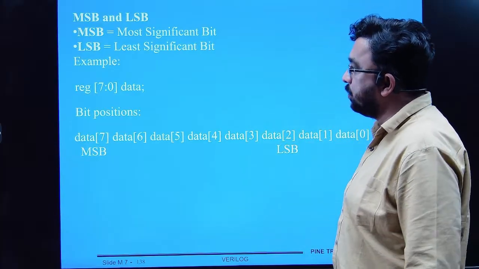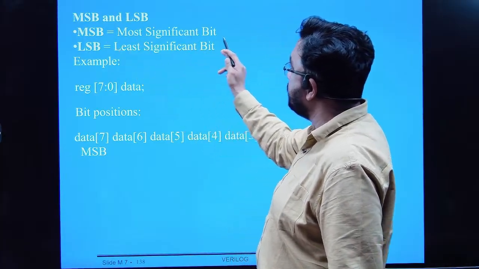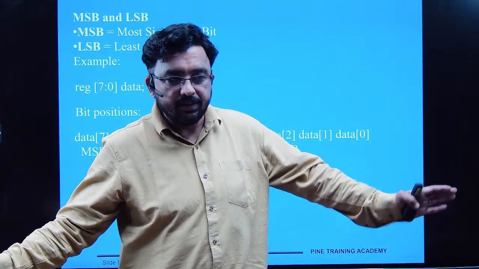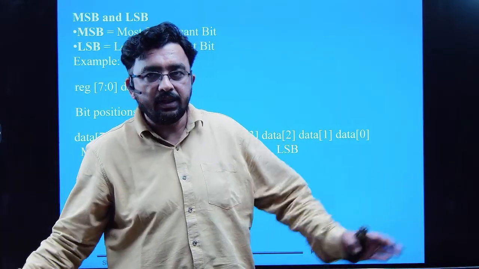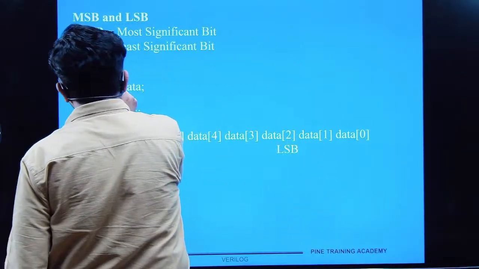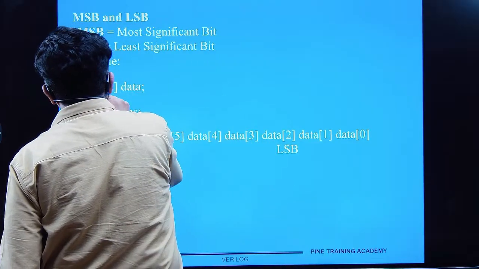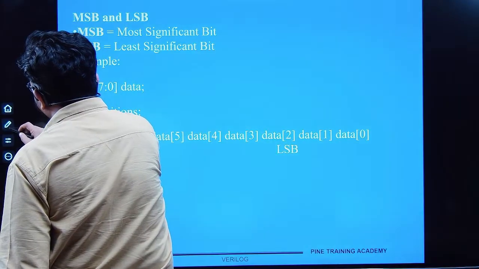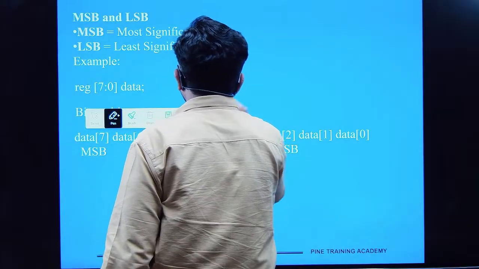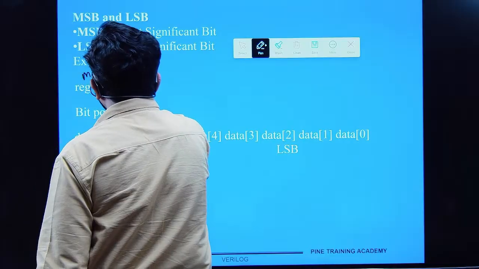Okay, so here is the example of MSB and LSB. MSB means most significant bit. Okay, so this is your MSB and this is your LSB. This one is your most significant bit, and this is your LSB.